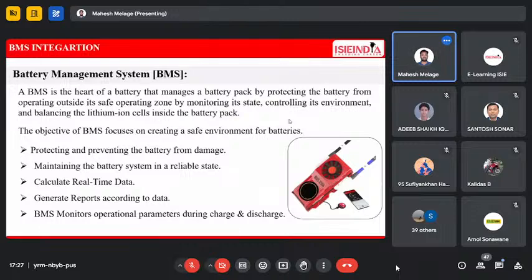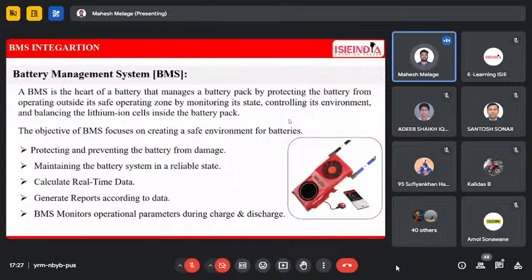What is the objective of the BMS? It provides protection against faults and prevents battery damage. If any fault occurs in a battery, such as high temperature, over voltage, or over current, it damages the battery.